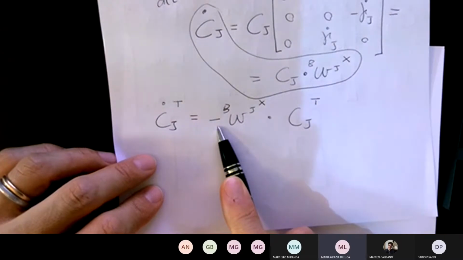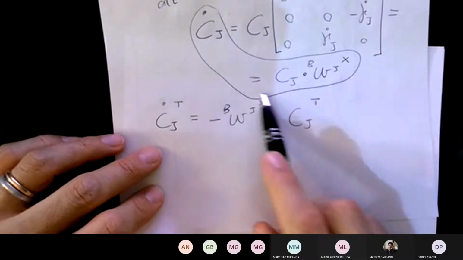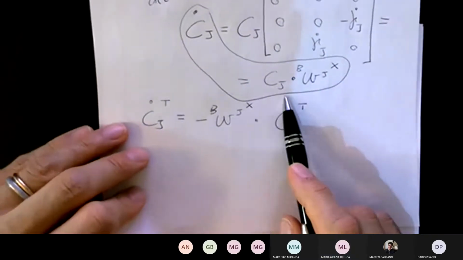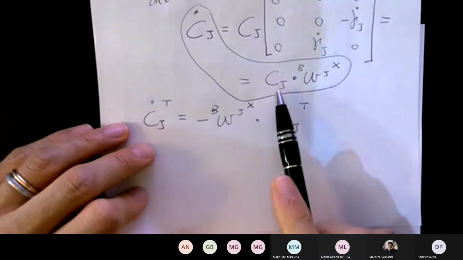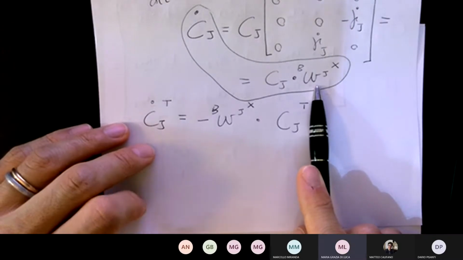Yes, because C dot C is omega, right? Do we agree with this expression here to begin with? The Cj dot is Cj that multiplies the omega skew-symmetric matrix. Yes, I think so.